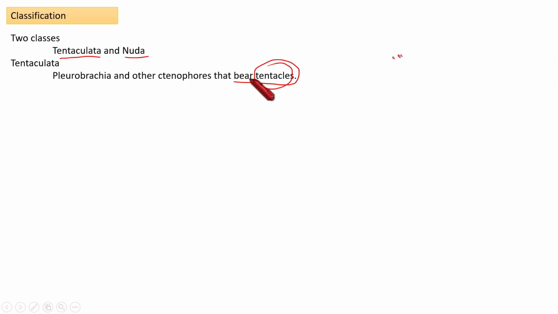Examples are Pleurobrachia and some other ctenophores. And Nuda is the next class. Under Nuda, the ctenophores lack tentacles. Examples are Beroe and Cestum.